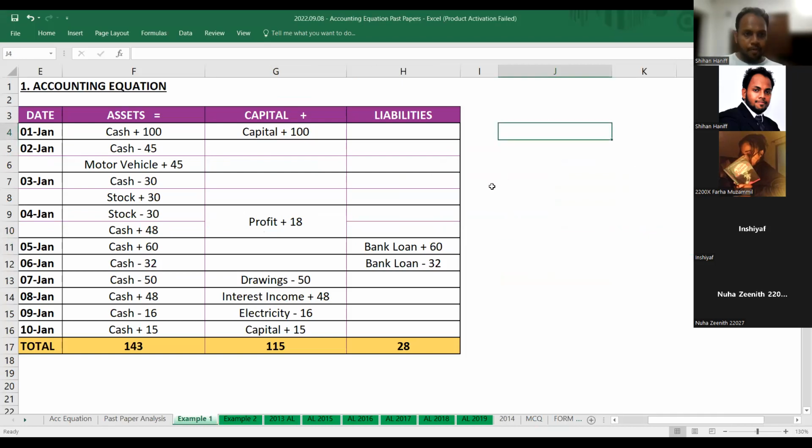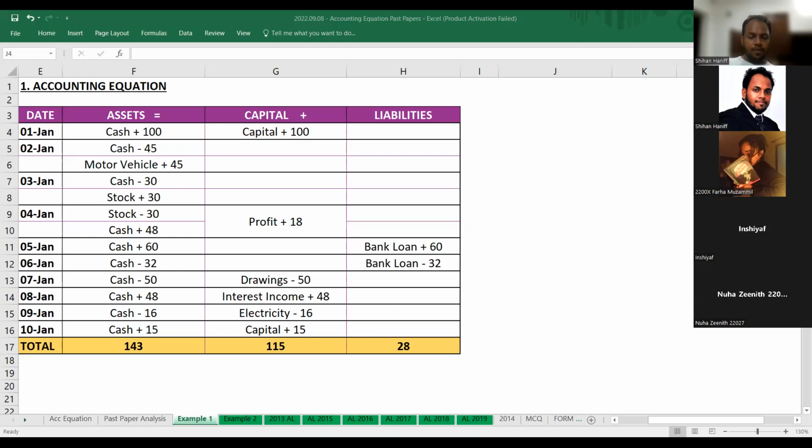Okay, let's derive the... so let's develop the profit equation.